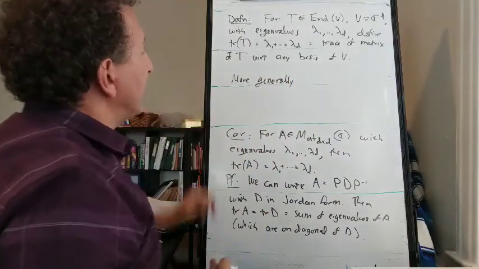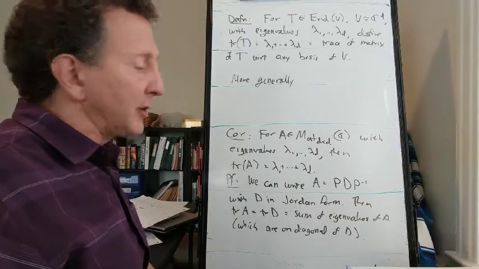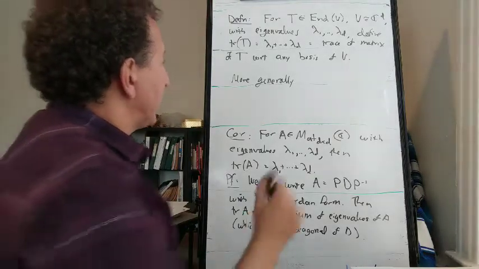Now, more generally, the word trace is used to refer to certain functions from a group to the complex numbers.